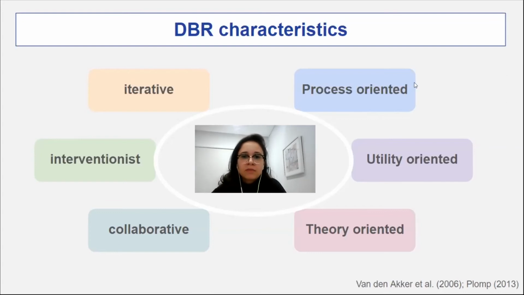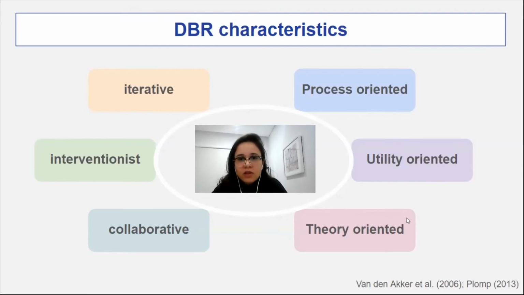The products of design-based research are shaped by participants, the literature, and especially field testing. So these interventions are adjusted based on the empirical data, which are collected in real-world settings during the process. Okay? They are also utility-oriented because the merit of a design is measured by its practical use in real contexts, if they are really useful in real contexts.